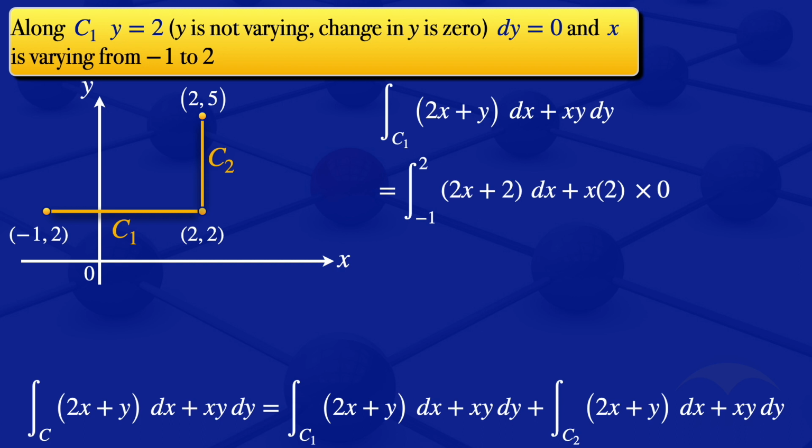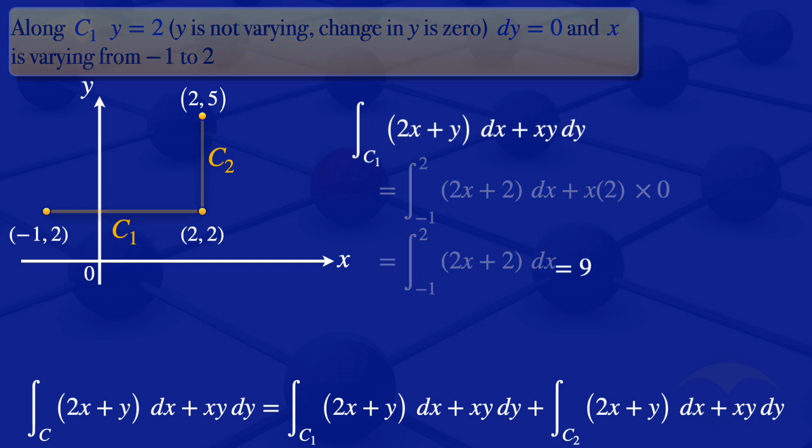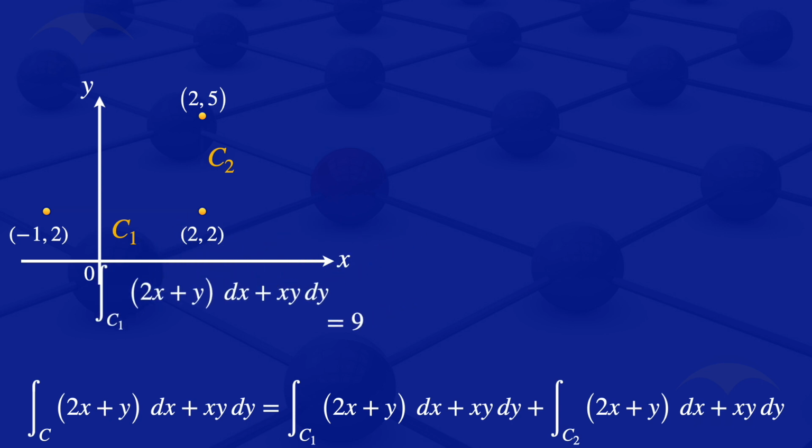So that simplifies to the integral from -1 to 2 of (2x + 2) with respect to x. When you evaluate that integral, the 2x gives us x squared, then plus 2x, and putting in the limits, the result we get is 9. So the integral along the curve C1 gives us 9.